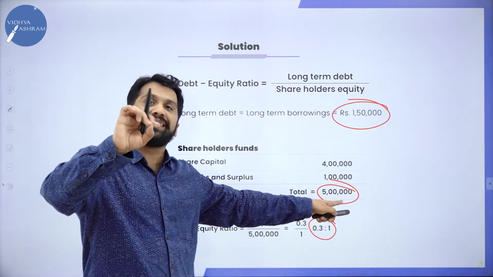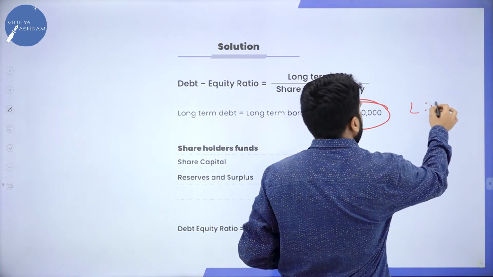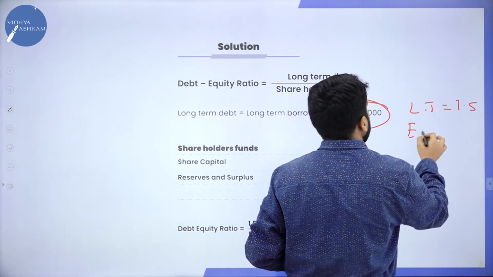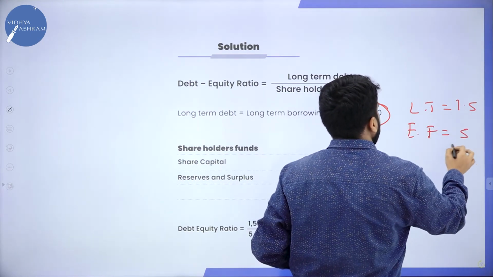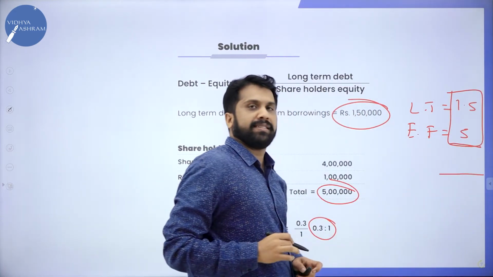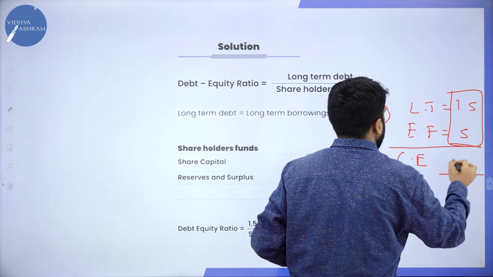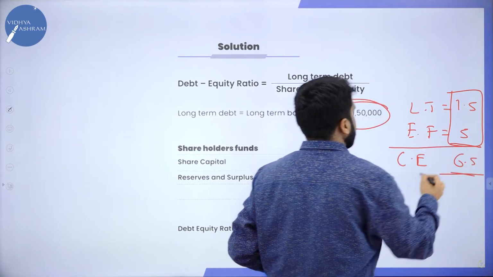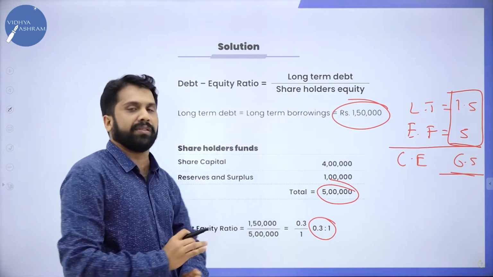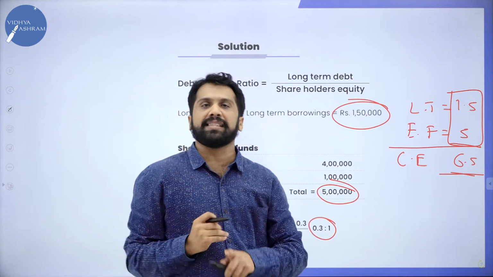Now, one more easiest thing: you got long-term 1.5, you got equity fund 5 lakh. If you add these two, what you will get? This is nothing but capital employed. 6.5 is capital employed. All the answers are here only. Once you calculate, you will get answers one by one.